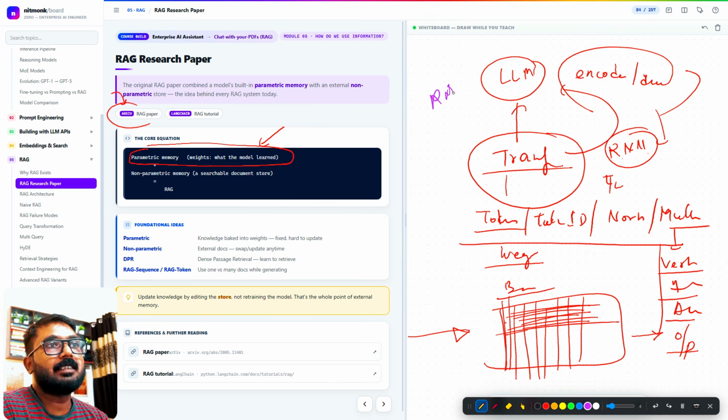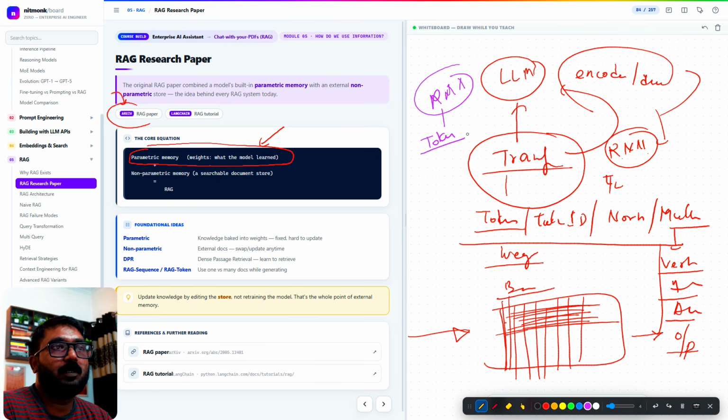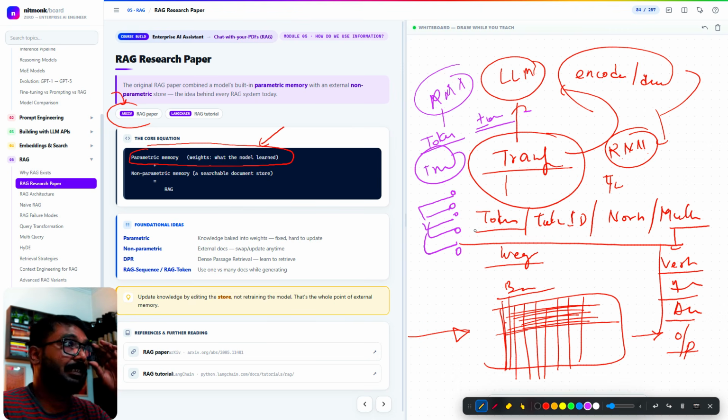RNN, the recurrent neural network, had to go sequentially: read token 1, then token 2, then token 3. But with the transformer, we can read all of them in parallel, understand their attention, and then generate the next token. That's how the weights and parameters are generated in parametric memory.